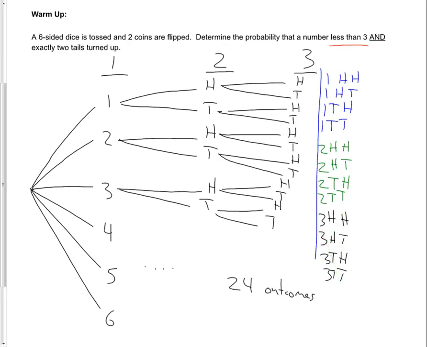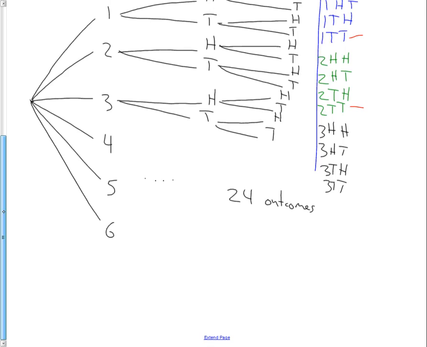We also need exactly 2 tails turned up. So I've got a 1 and tail-tail here, and here I have a 2 and tail-tail. That means I have 2 situations out of my 24 situations that result in getting a number that is less than 3 and 2 tails.